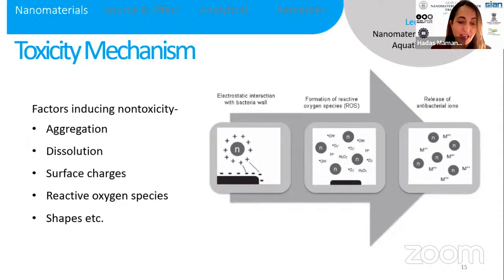Also, nanoparticle surface coating can promote genotoxicity. And other important parameters are the charge and the shape of the particles, and the ability again to generate reactive oxygen species. So all these things are important.